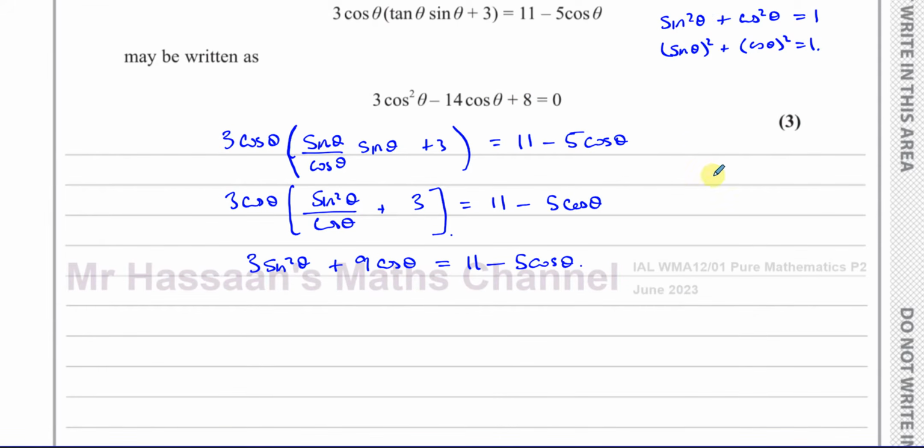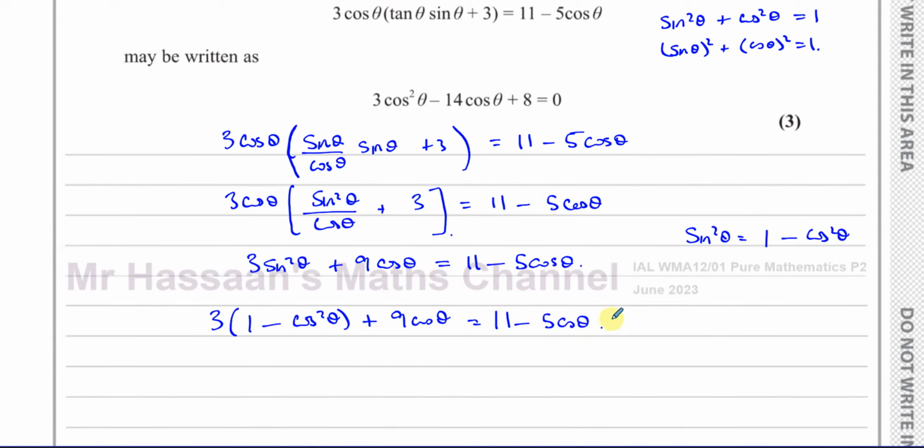I know that from this identity, I can rewrite sine squared theta as 1 minus cosine squared theta. Just rearranging this identity. So I can replace the sine squared theta and write it in terms of cosine squared theta, which is what I want, because we want to have only cosines in our equation. And that will help us hopefully get to this. So sine squared theta, I'll replace it with 1 minus cosine squared theta, plus 9 cosine theta equals 11 minus 5 cosine theta.